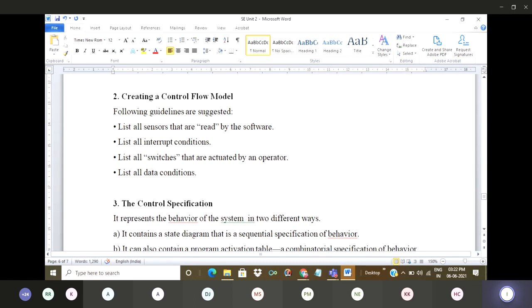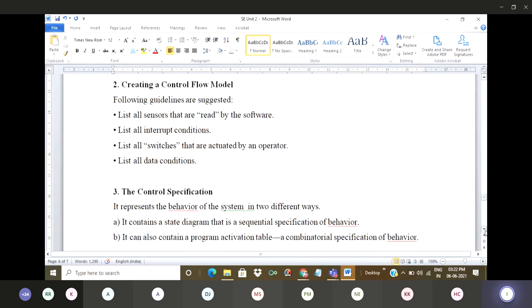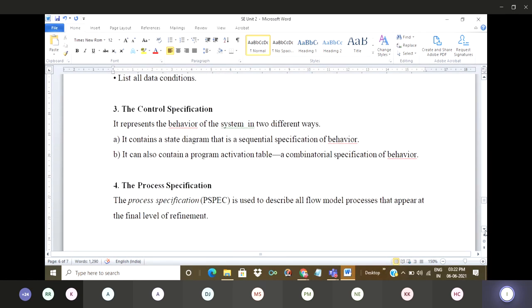Next title is control specification. It represents the behavior of the system in two different ways. It contains a state diagram, that is a sequential specification of the behavior, and it also contains a program activation table and combinational specification of behavior.